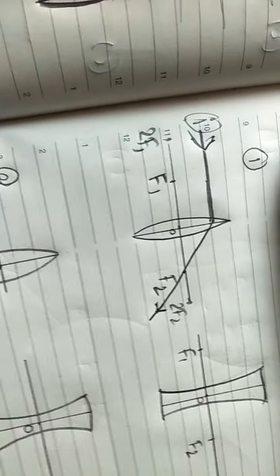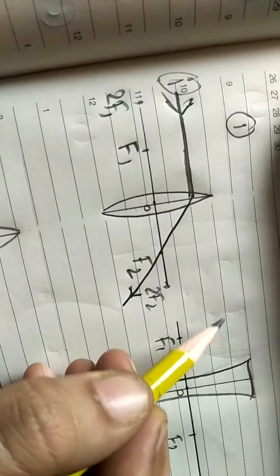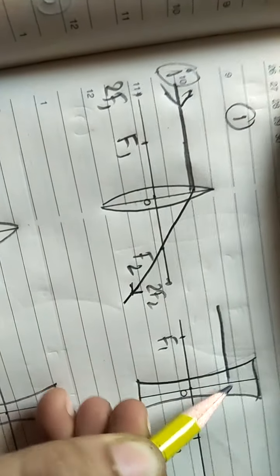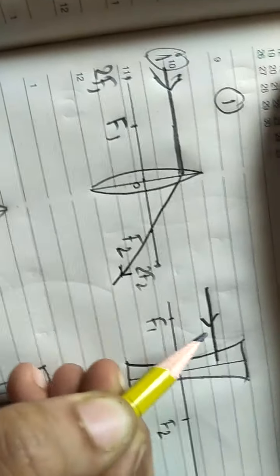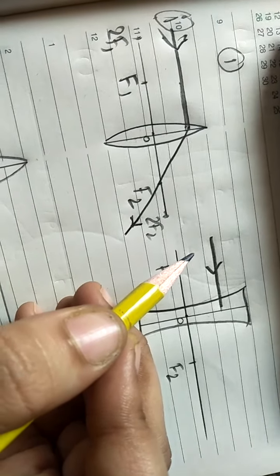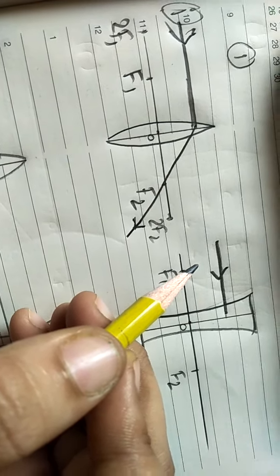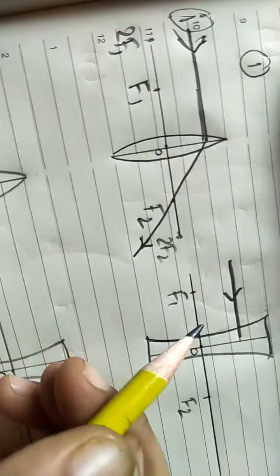And what about concave? Same, your principal axis is here only. Your incident ray parallel to the principal axis appears to pass through the focus.